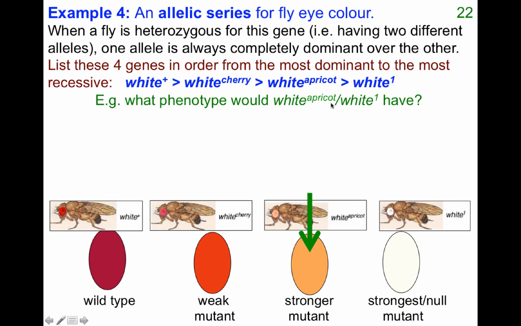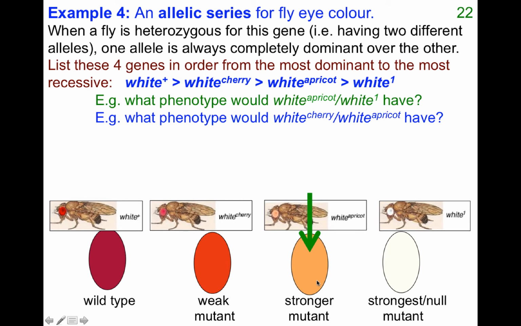So whichever one is the most functioning creates the color that we see. If we have an individual that has one copy of the cherry allele and one copy of the apricot, we would expect the offspring to look like this, because this one's quite defective, but this one's able to make some pretty good pigment that's almost the wild type color, so we would see this deeper color, the more wild type color.